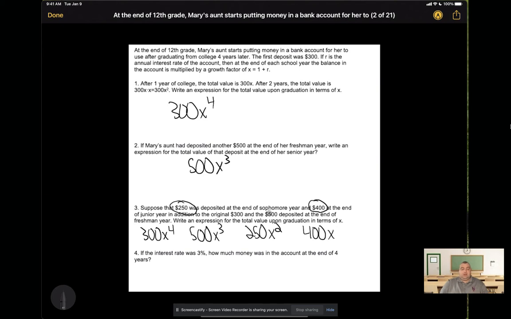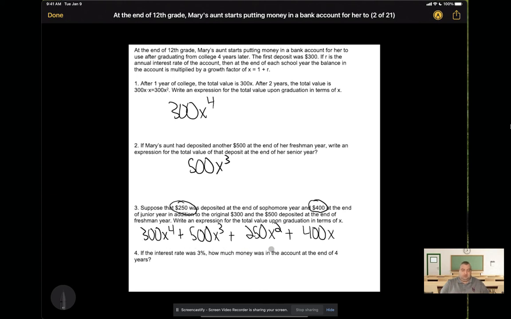If I want to know how much money Mary has in total when she graduates from college, what do you think I'm going to do to all these expressions? I'm going to add them together. This is now a polynomial because it has 4 terms, and it will represent the total amount of money she has when she graduates.